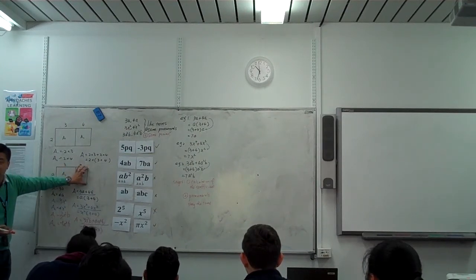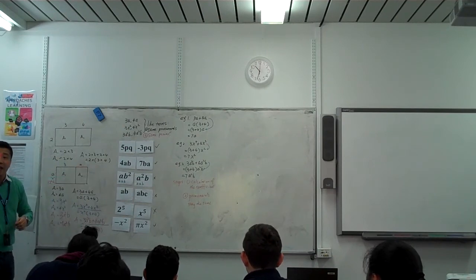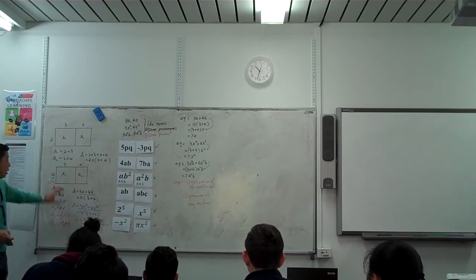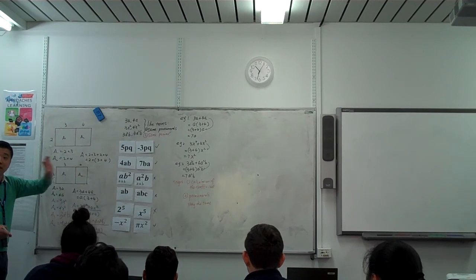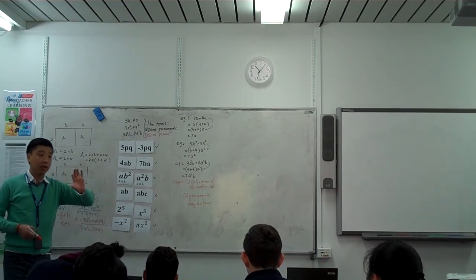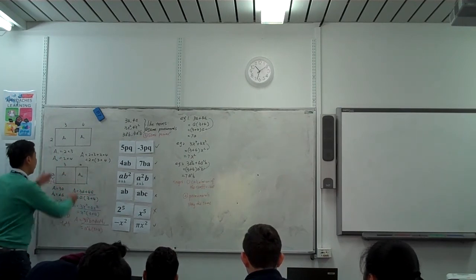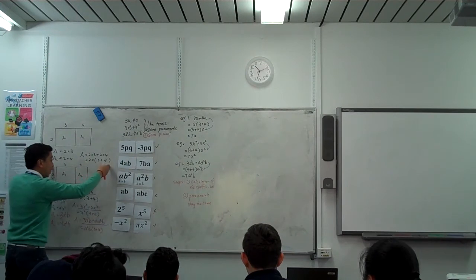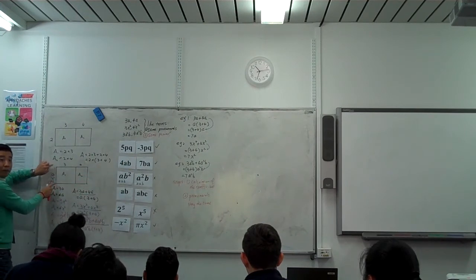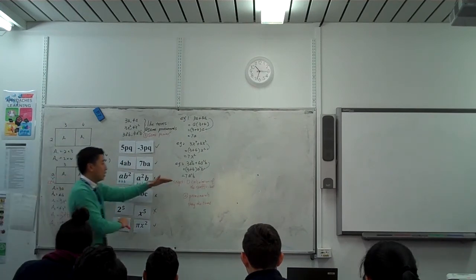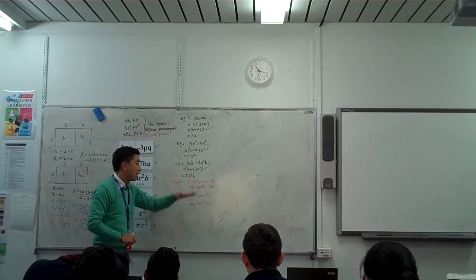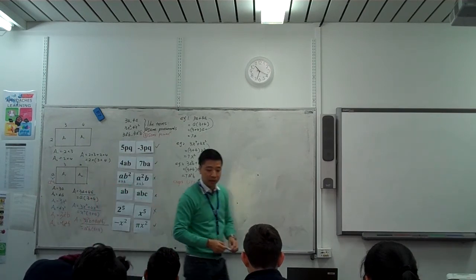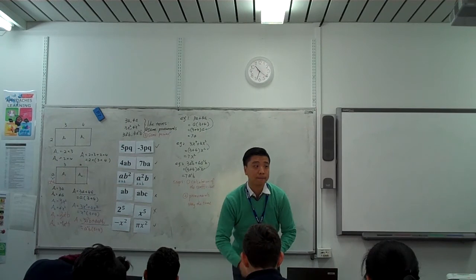A. How long is this side? A. Do you do A squared? No. It's always A. The side will not be changed. So you can remember like that. It doesn't matter how long it is, A stays the same. So you add the coefficients and the pronumerals stay the same. Do you have any questions?